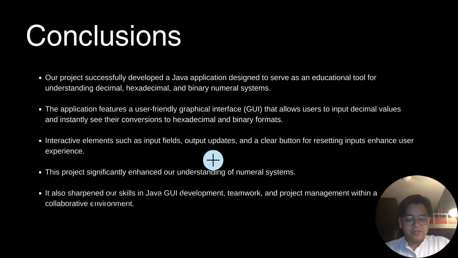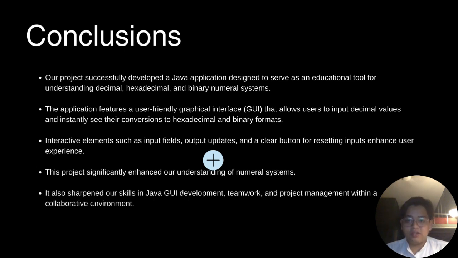So that's pretty much our whole group project, in a nutshell. The conclusion: first and foremost, the project successfully developed a Java application designed to serve as an educational tool for understanding decimal, hexadecimal, and binary numeral systems.